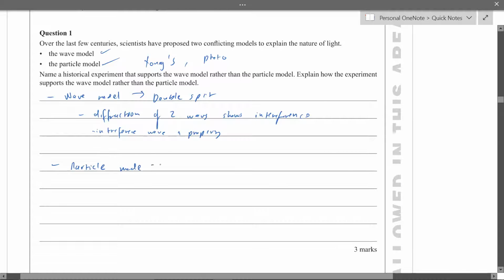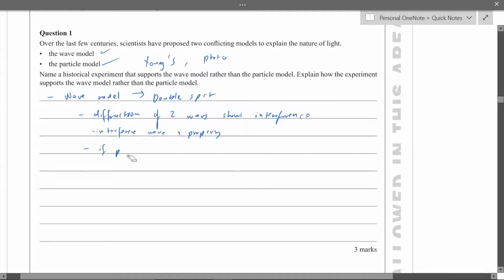The particle model is supported by the photoelectric effect. Oh, sorry, I'm thinking of another question. This is the one that supports the wave model rather than the particle model, but since it's 3 marks, you might want to mention why it doesn't support the particle model.